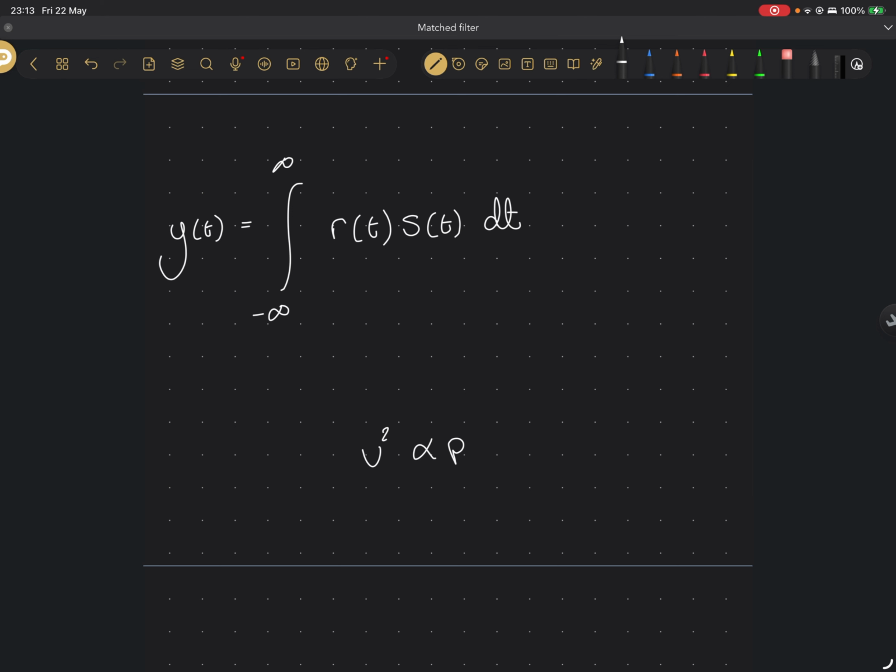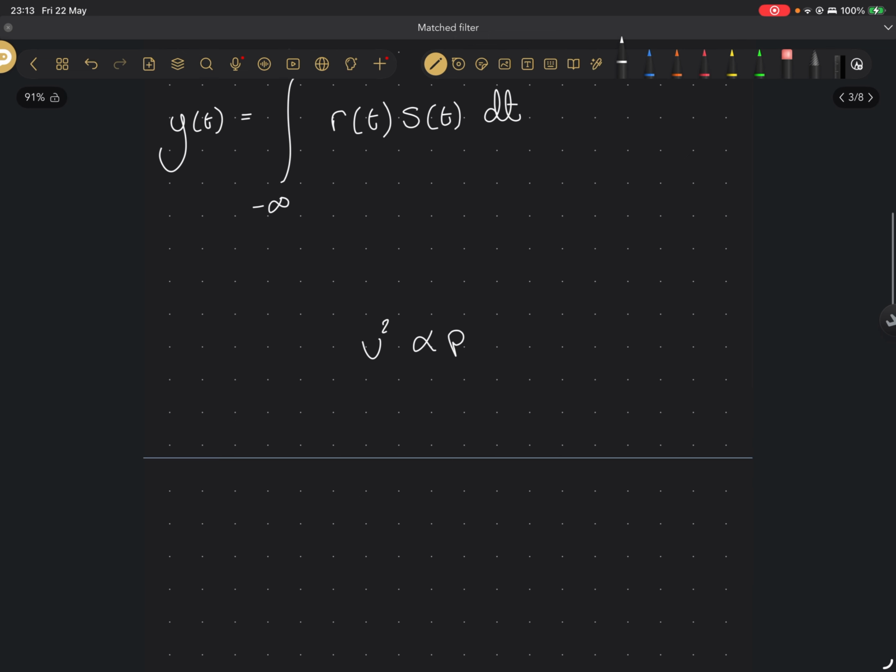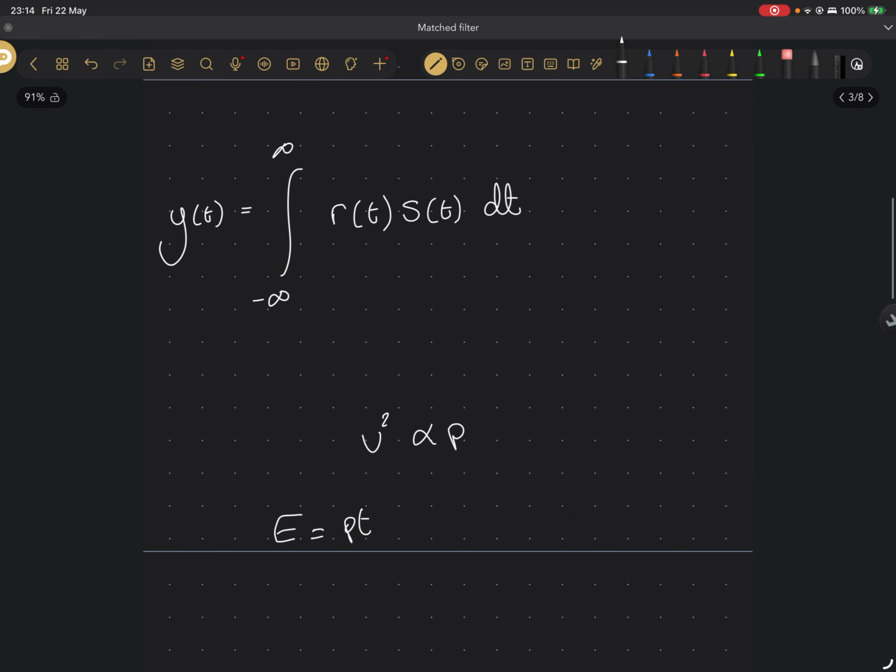And since we're integrating over time up to the sampling point, this gives energy, right? Because E is equal to power times time. And we all know multiplication is the same as addition, and addition, that is from the integration. Integration is essentially just addition through very small steps. And so that is equivalent to energy. So the matched filter effectively accumulates the energy of signals.